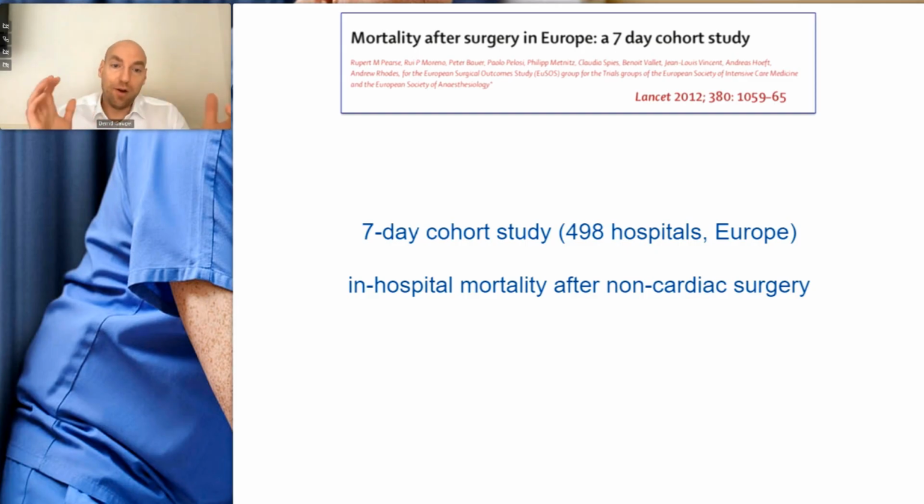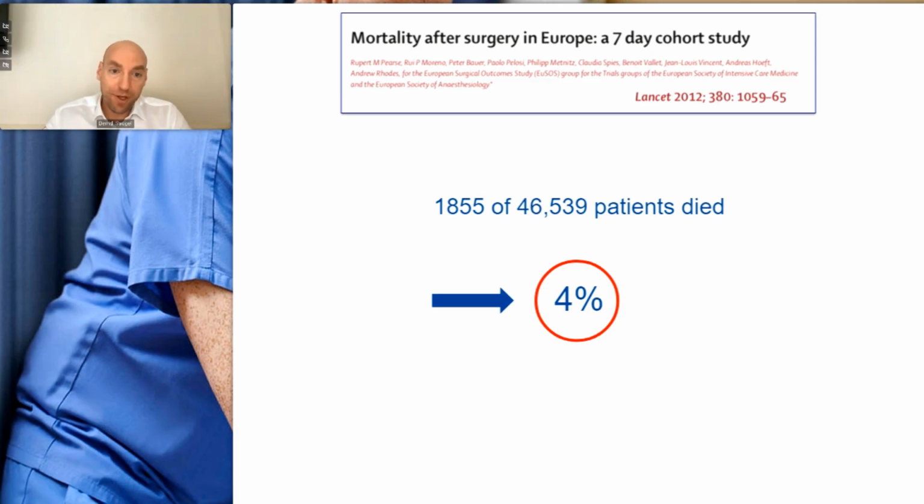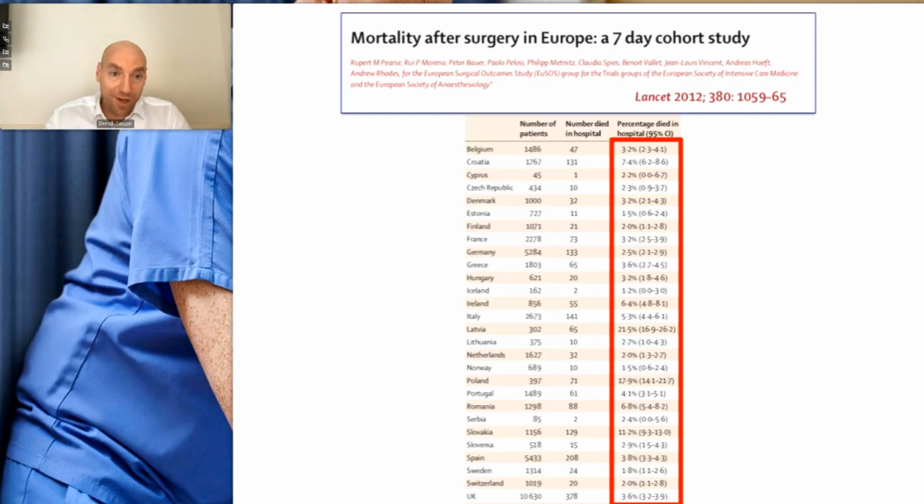Altogether, in the large patient cohort, in-hospital mortality after non-cardiac surgery was around 4%. This is a European study, and you can look at the list, find the country you are located in, and see the mortality rates in your respective country.